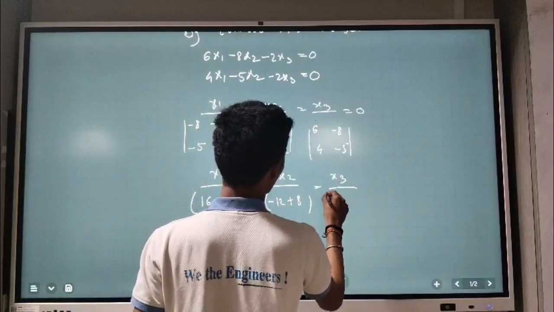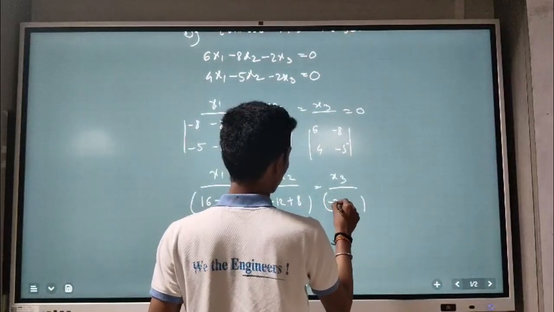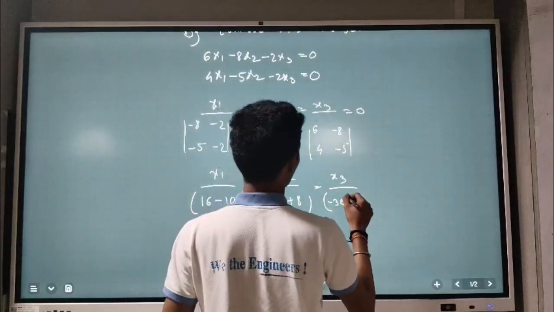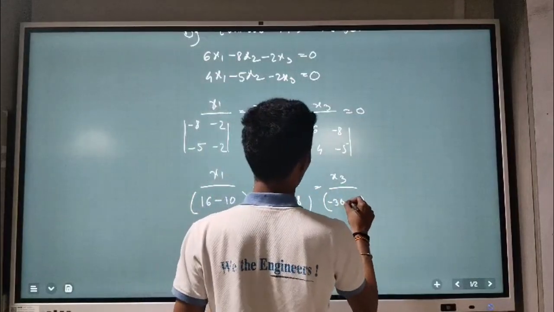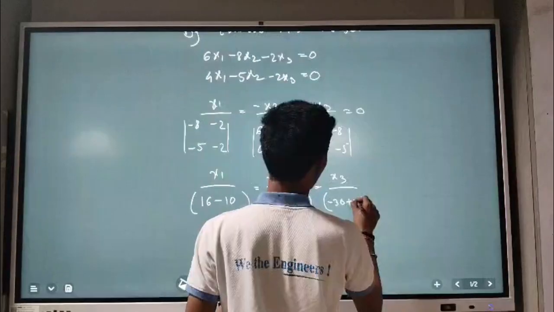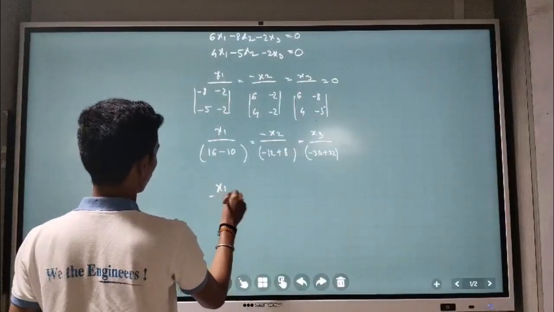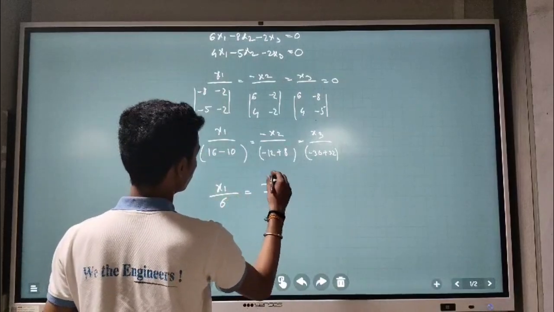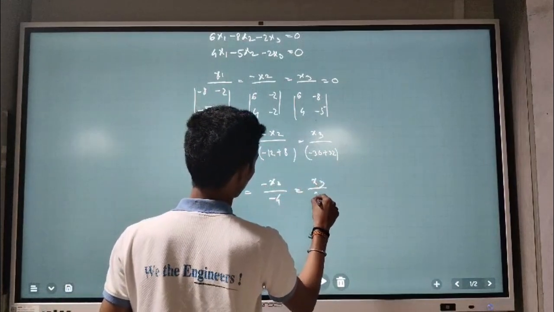And x3: 6 times 5 is 30, 8 times 4 is 32. We get the value x1 equal to 6, x2 we get minus 4 and x3 we get 2.